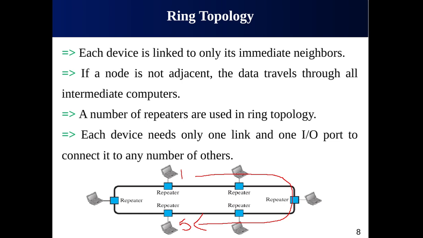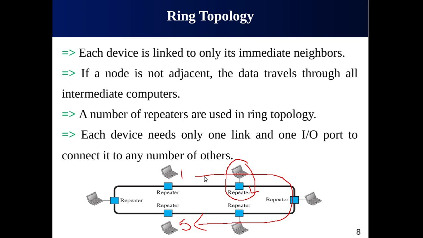When a device receives a signal and that data is intended for another device, the repeater will regenerate the bits and pass them along the connection. You can say it will strengthen the signal that it received from the device.